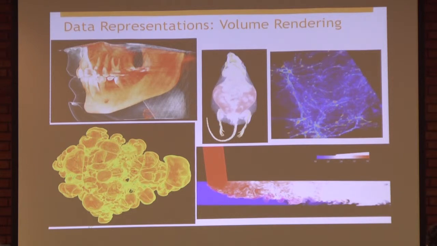Then you can assign different ranges of colors to different ranges of values. For instance, in the two in the top row, the little mouse and the partial skull, you know that some range of values represents bone, and some other range represents some other tissue or cartilage or whatever, so you can assign different colors to those different ranges of data values.